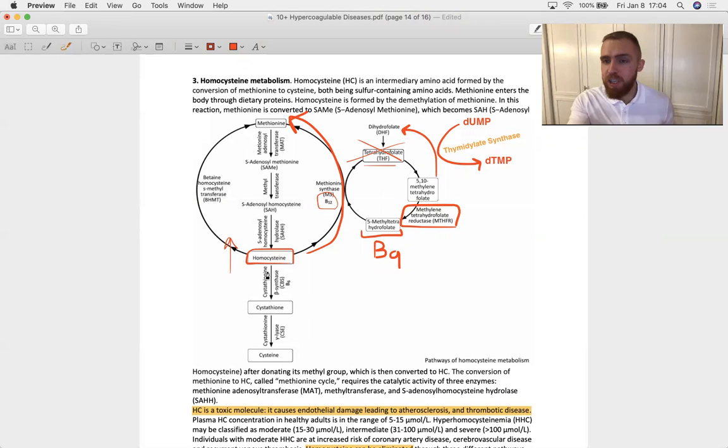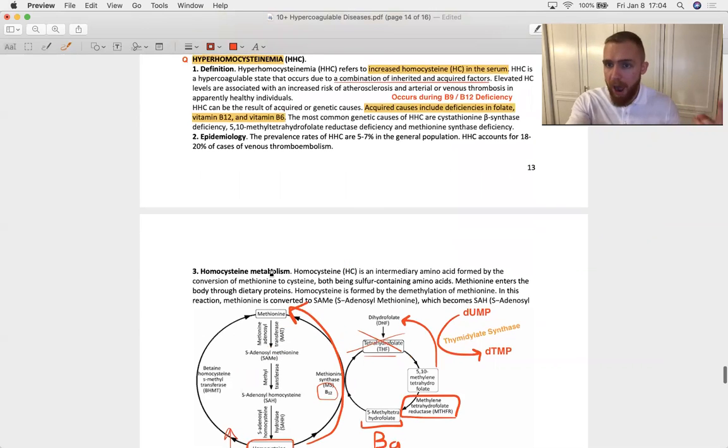That's why homocysteine is up in B9 and B12 deficiency. What's the test that we use to differentiate between the two? Methylmalonyl-CoA, methylmalonic acid. There we go. MMA, that's up in B12 deficiency. But homocysteine is up in B12 and B9 deficiency. So there's 2 acquired causes of hyperhomocysteinemia and then 3 familial causes that we'll talk about now.